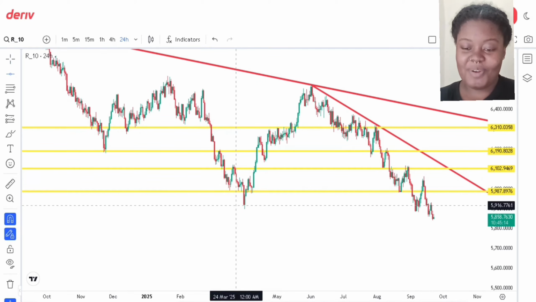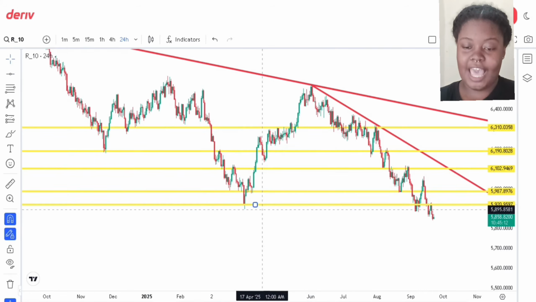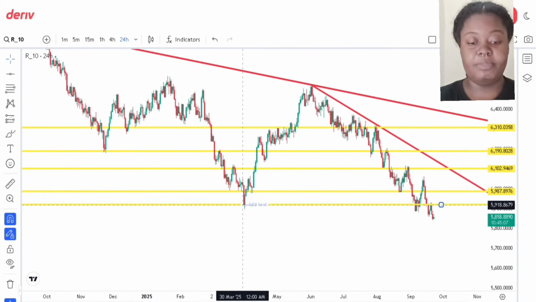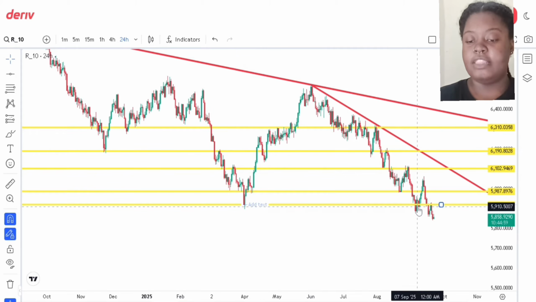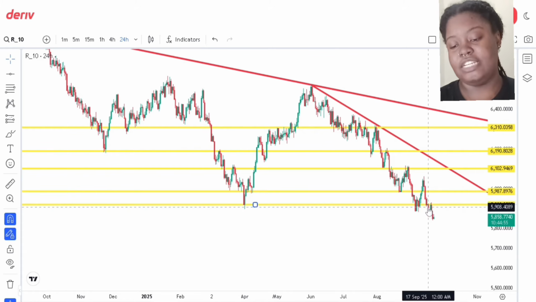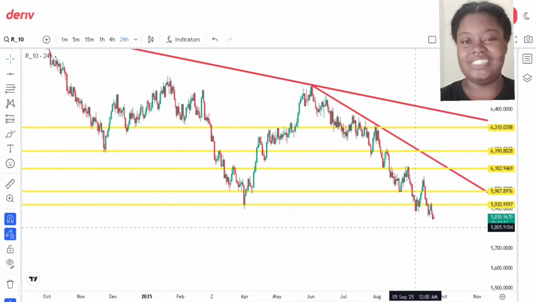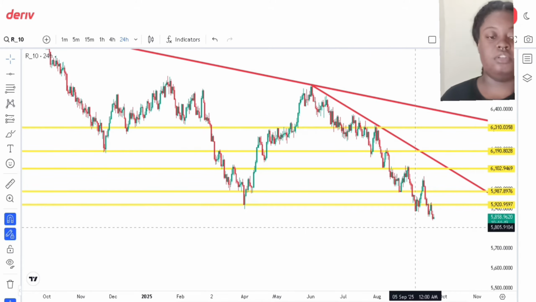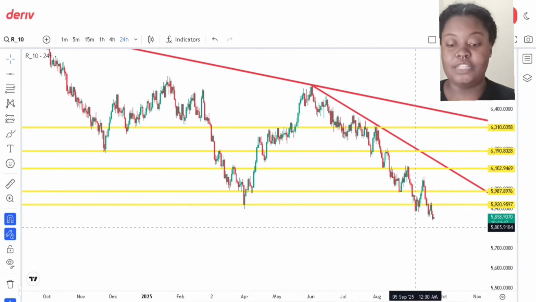Support, even though it's only one time the market used it on this time frame. If we were on Deriv X, we would have seen the market used it multiple times. The market used it as support here too, and then it used it as a resistance. There's a small one candle pullback here as support too, but we're going to see that more on the lower time frame as we move down.